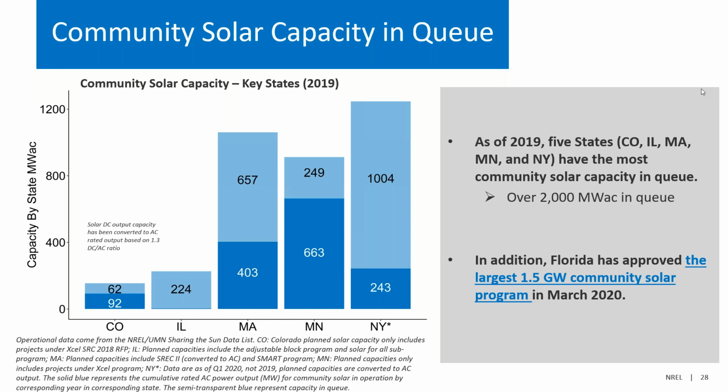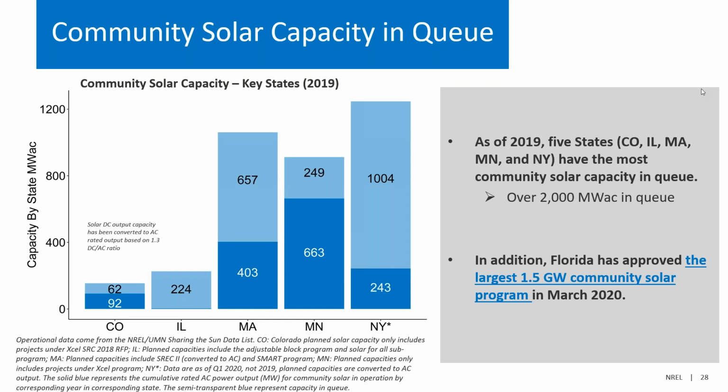One thing we're also tracking is the development of community solar in Florida. This came up as a question already, as to whether we would consider this Florida Power and Light program to be community solar. It is quite large. It's 1.5 gigawatts that were approved, and the project sizes themselves are, I think, around 70 megawatts.